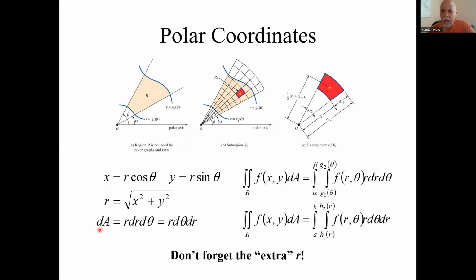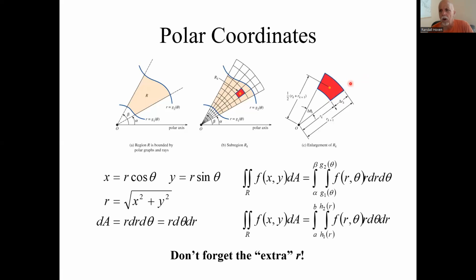The differential area isn't just dr d theta. Turns out you need a so-called extra r. Not really extra, it just comes out of the derivation. For an area, you need a length times a length, to get the units right.